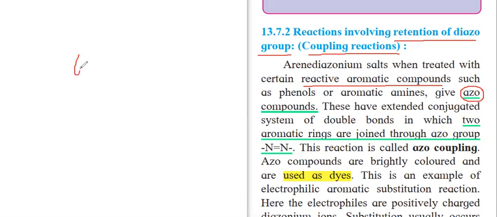Azo compounds are generally used for the synthesis of dyes, which are very colorful compounds. These azo compounds have an extended conjugated system of double bonds in which two aromatic rings are joined through the azo group.